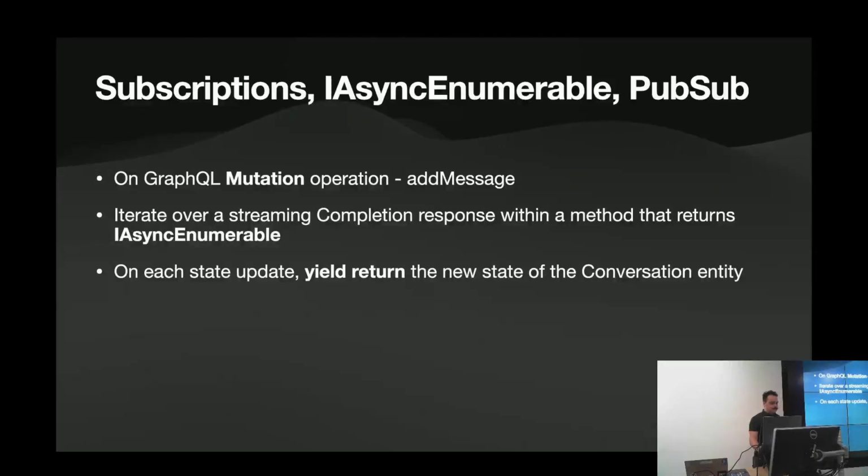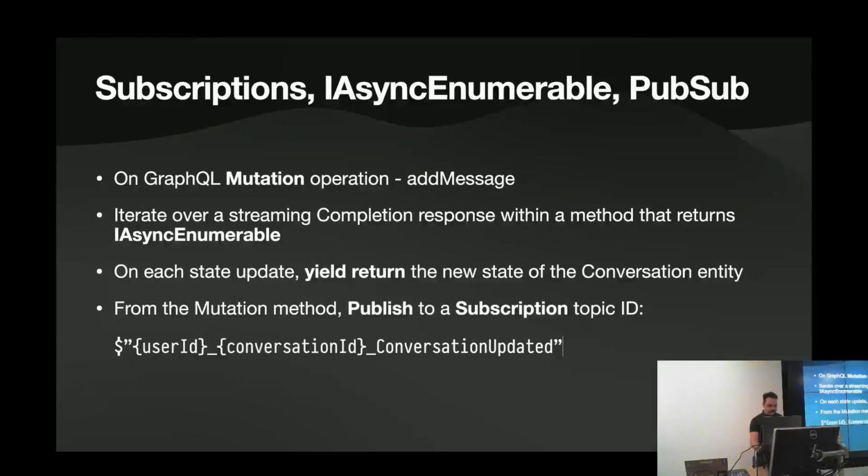In each state update, we yield return the new state, and then that gets pushed out to the topics. This is what a topic ID looks like: the user ID of the logged-in user, the conversation that's been updated, and then conversation updated, and the payload for that topic will be the new state of the conversation.